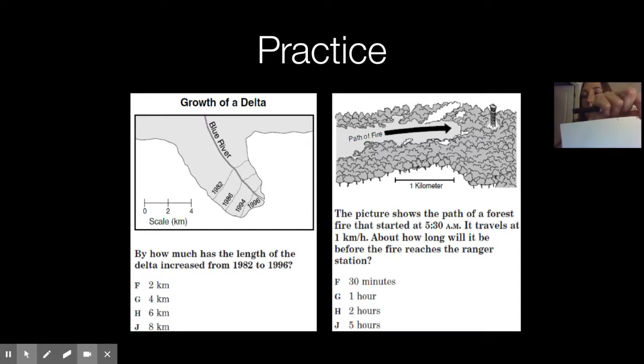I saw how far it was from the edge of the fire to the ranger station. Then I held it up to my kilometer mark, and it was almost exactly 1 kilometer. So if the fire travels at 1 kilometer per hour, then it's going to be about 1 hour, which is G.